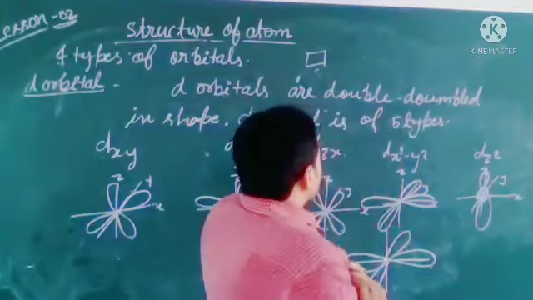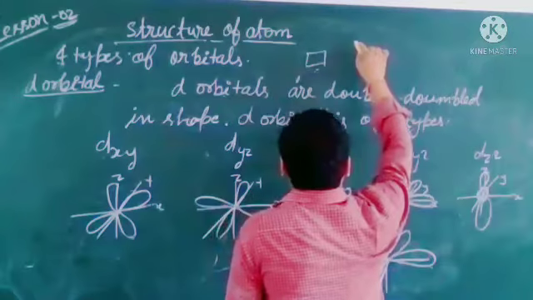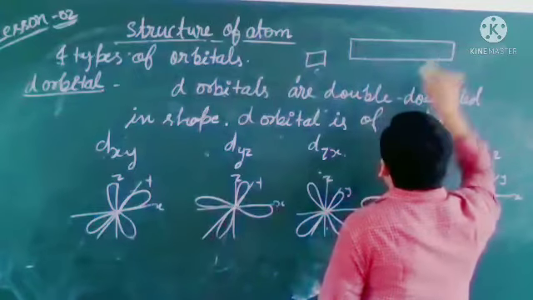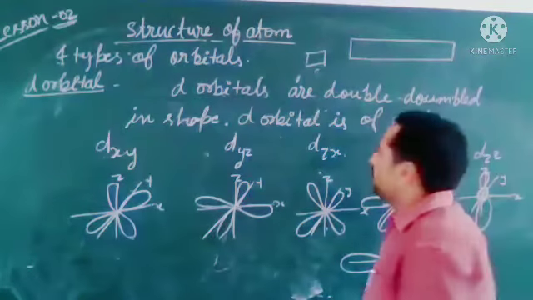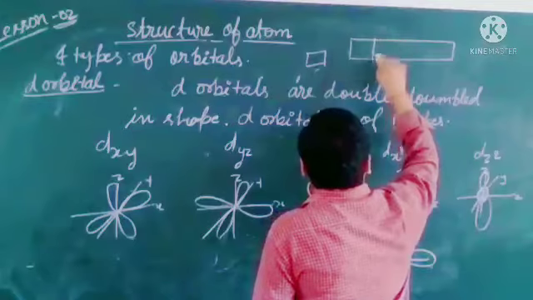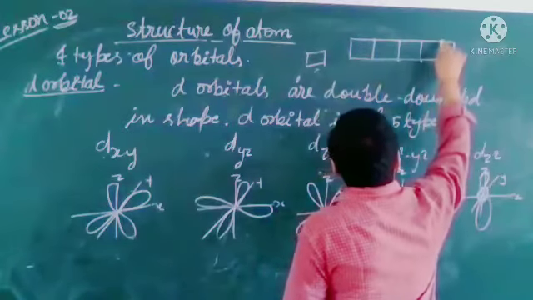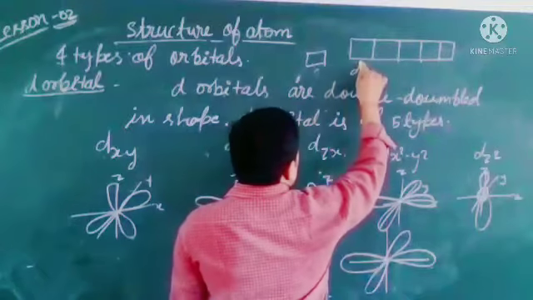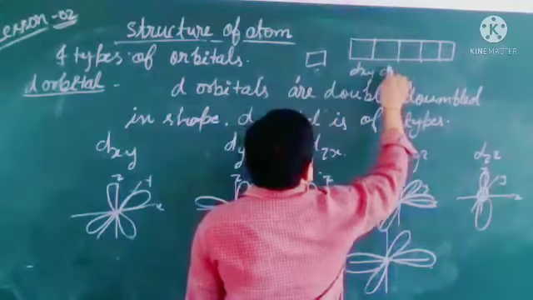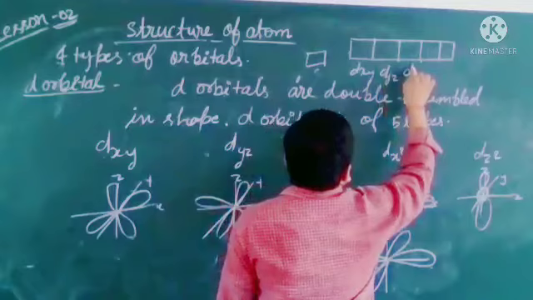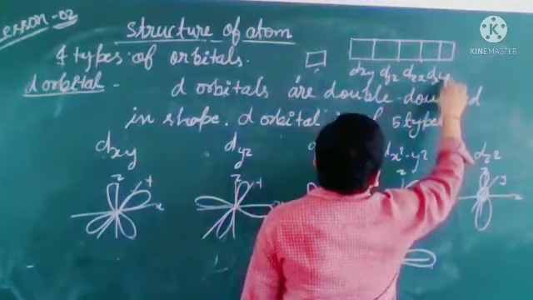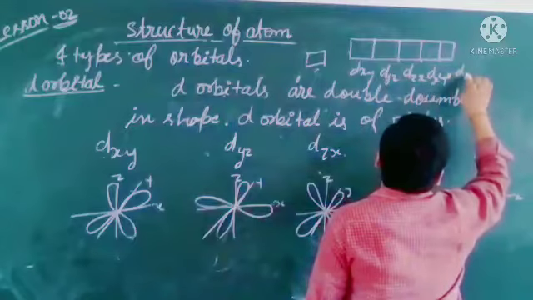Look at both here, 5 orbitals are there: dxy, dyz, dzx, dx square minus y square, and dz square.